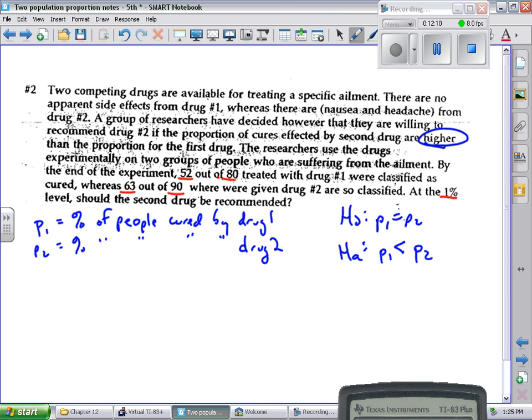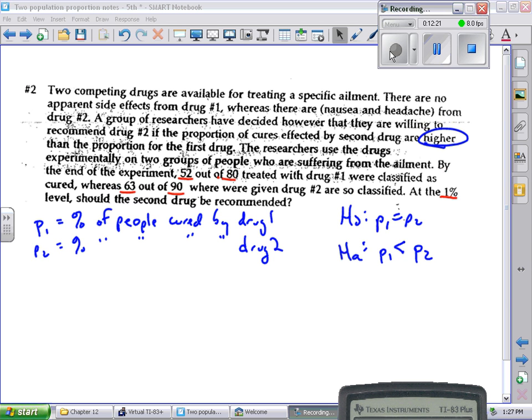So be sure your inequality is facing the correct way. But it is a one-sided test. And now I can do my conditions. So I'm going to write up the conditions. If you're watching this, you can pause it and copy down what I wrote if you're interested.